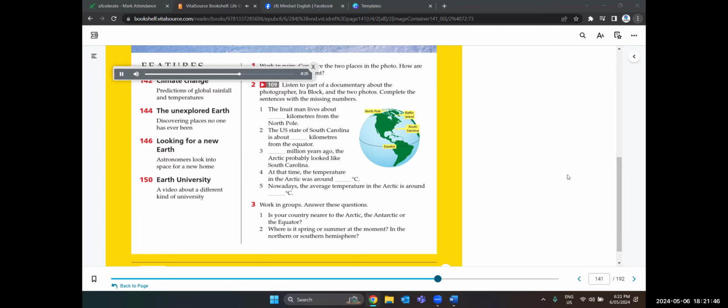Ira took the two photos because about 56 million years ago, the Arctic probably looked like South Carolina today. At that time, the temperature in the Arctic was around 25 degrees Celsius. Nowadays, the average temperature in the Arctic is around -10 degrees.